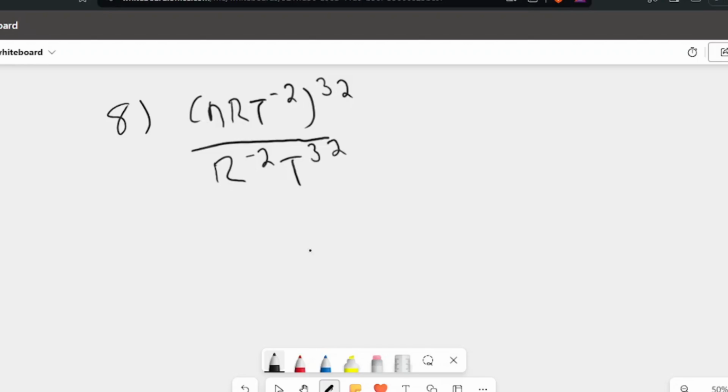Because again, our powers can be as high as you want to get them. Now, what we're essentially going to do here is our power rule first.